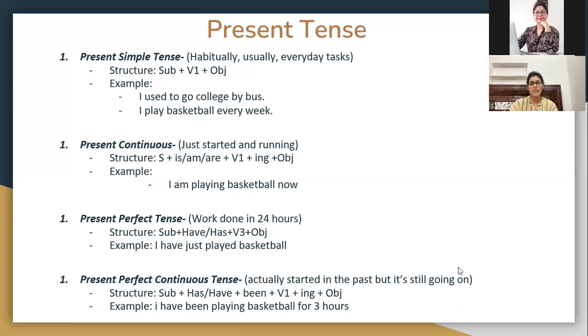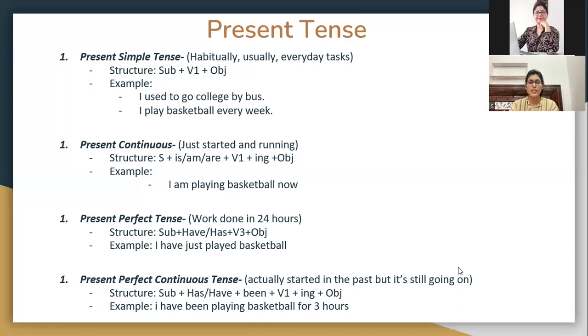Present perfect tense we use when any work is started within 24 hours and done within 24 hours. The structure is subject plus have or has plus third form of main verb plus object.